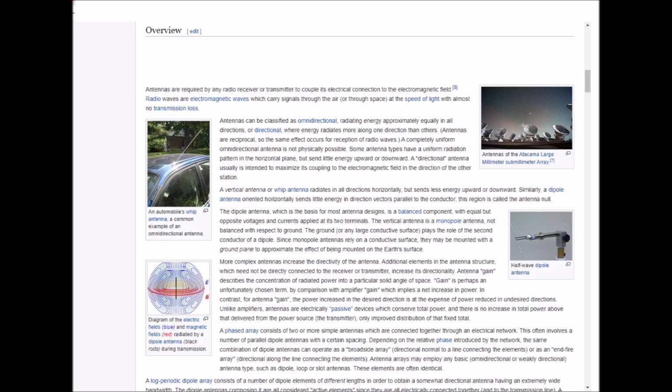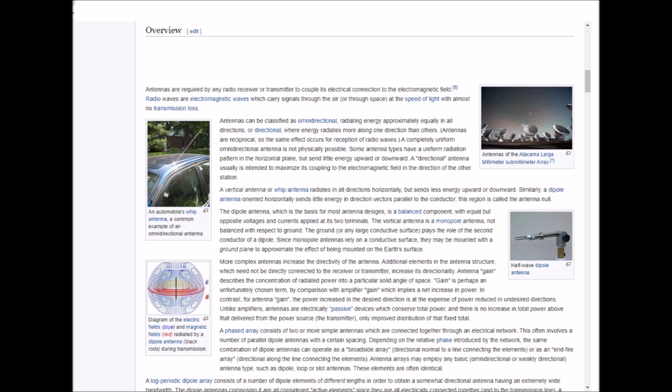And then there's another paragraph called Overview. Antennas are required by any radio receiver or transmitter to couple its electrical connection to the electromagnetic field. Radio waves are electromagnetic waves which carry signals through the air or through space at the speed of light with almost no transmission loss.